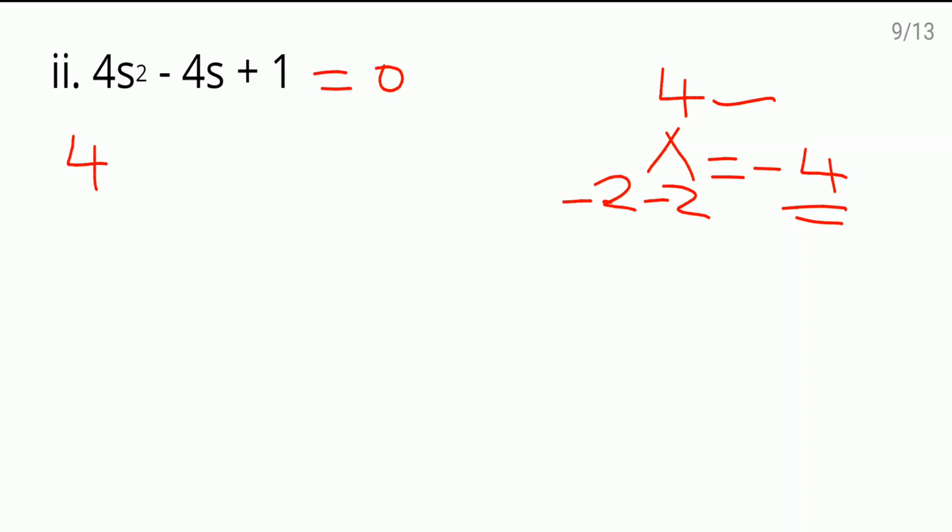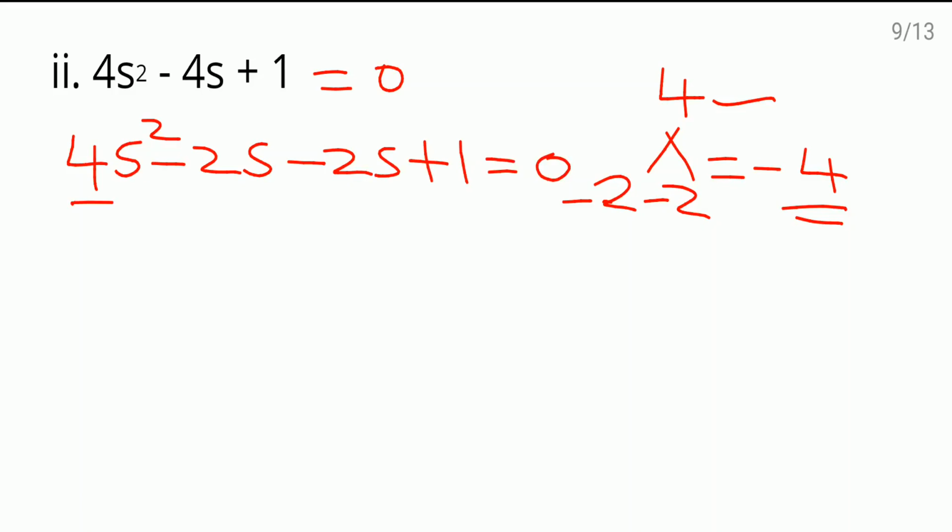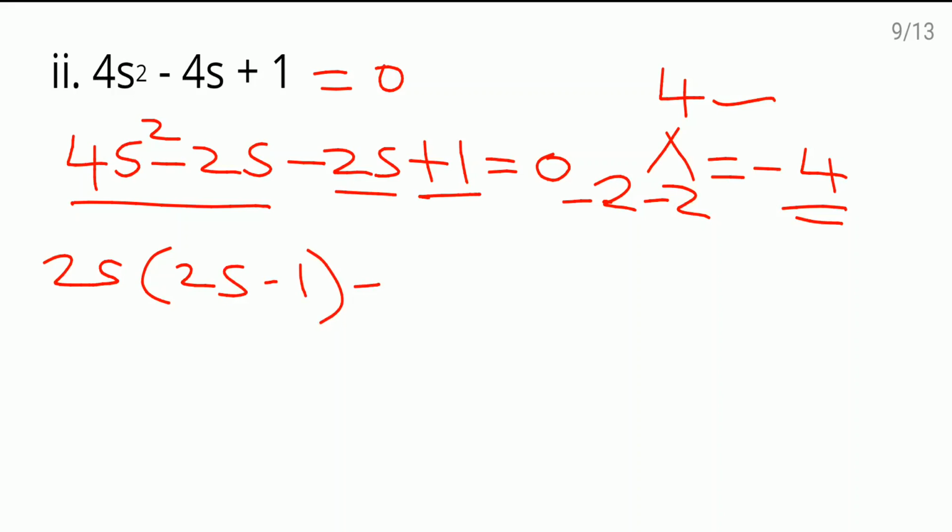So here 4s square minus 2s minus 2s plus 1, which is equal to 0. So from the first two terms, I will take 2s common. So 2s is left, minus 1. Here nothing is there to take common from these two terms. I will take minus 1 common. So because of the minus 1, inside the bracket, signs will get changed.